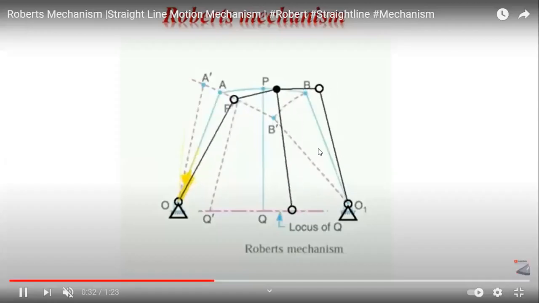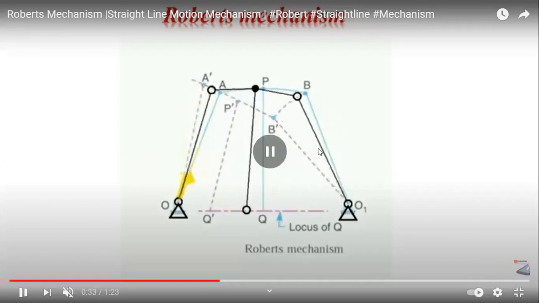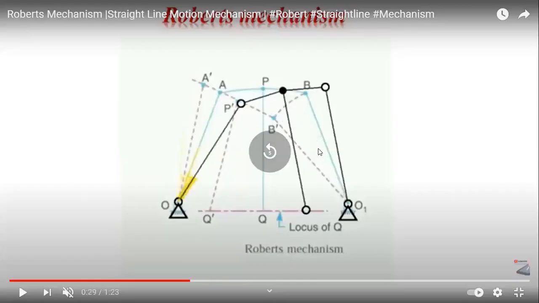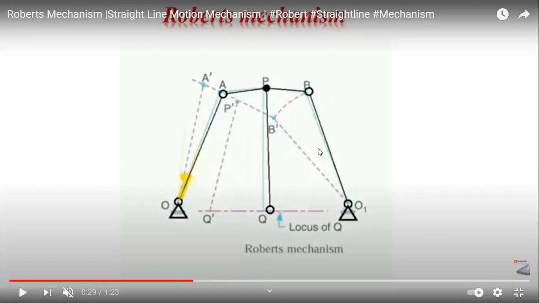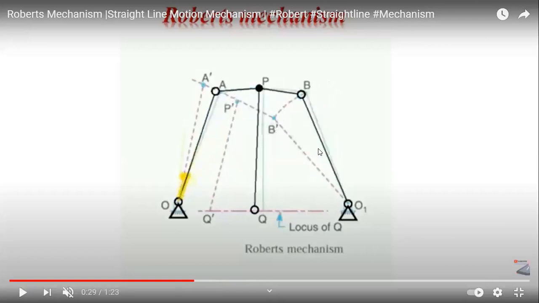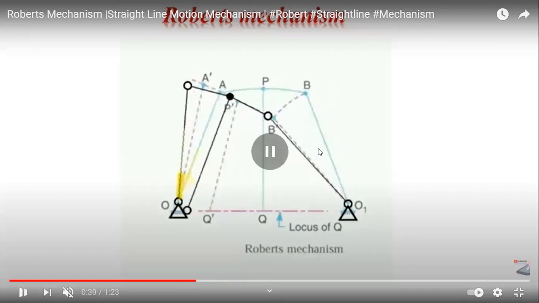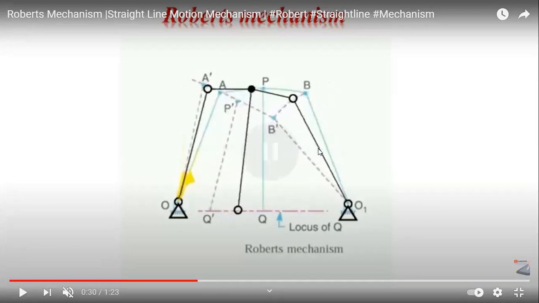So that is the working of the Roberts mechanism. So the dark line indicates the original links and the dotted lines indicate the duplicate lines. So when it is moved, that is the position. So that is the position of the links.